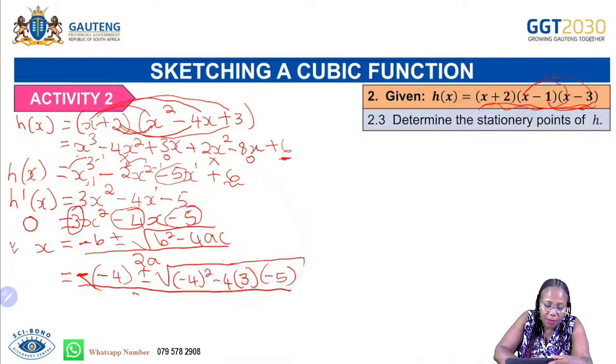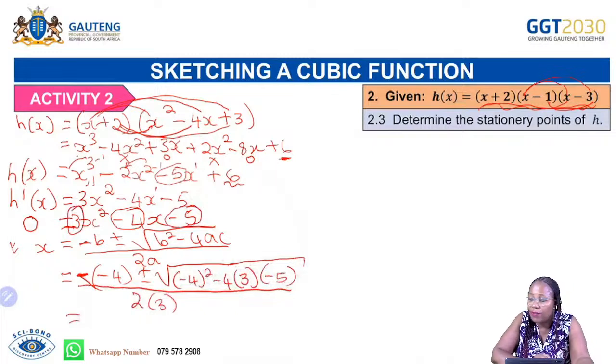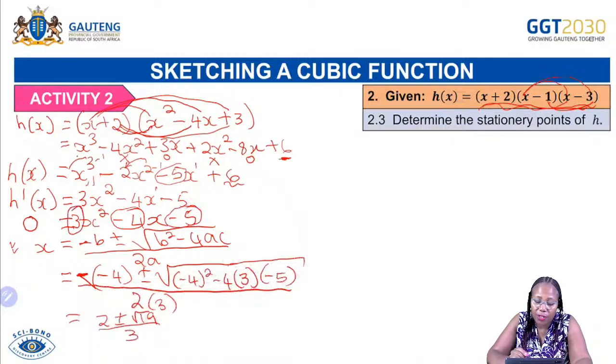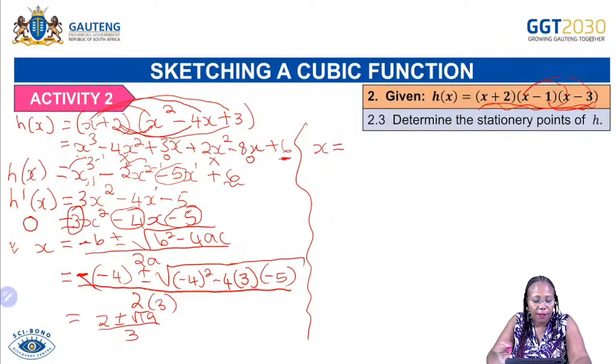And then divide by 2 times a. Our a is 3 there. Get straight into your calculator, put everything. Do not do it partially like that. And then it will give you in simple surd form 2 plus or minus the square root of 19 over 3 there. And then now we can identify the values of x to 2 decimal places. The first x turning point there will be 2,12.